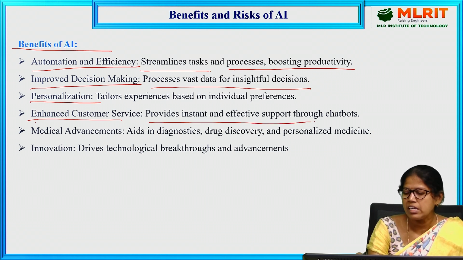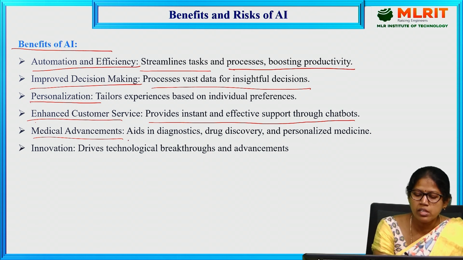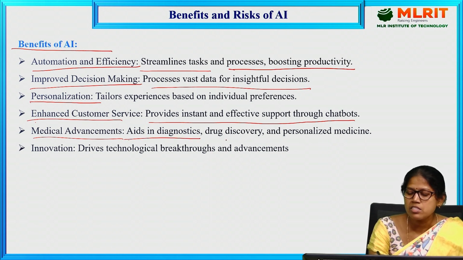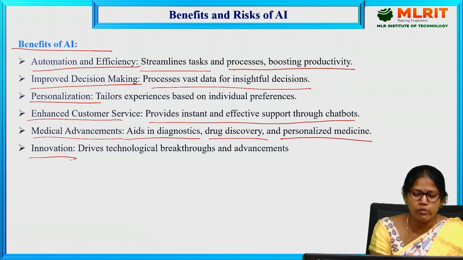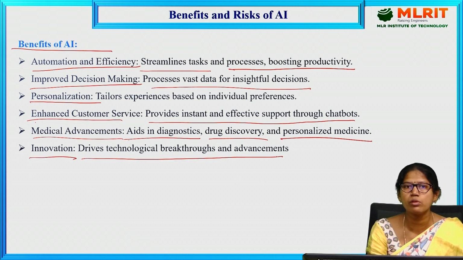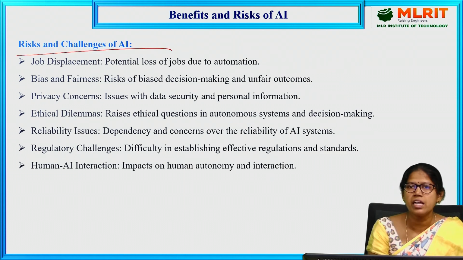Provides instant and effective support through chatbots. Next one is medical advancement: image analysis, drug discovery, personalized medicine. So it aids in diagnostics, drug discovery, and personalized medicines. Next one is innovation, which drives technological breakthroughs and advancements.